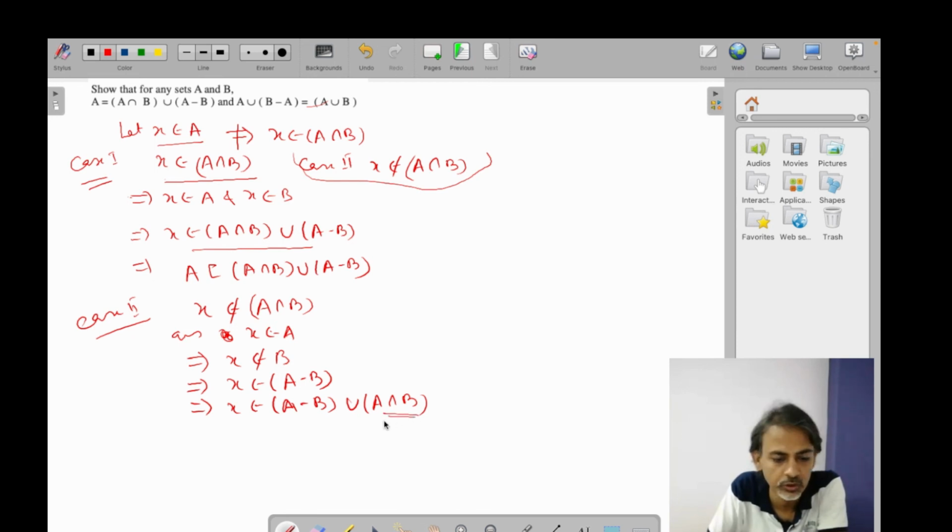It could be a U, it could be a phi, anything, right? But since X is an element of A minus B, it could be an element of this as well. So here again, we prove A is a subset of A intersection B union A minus B.